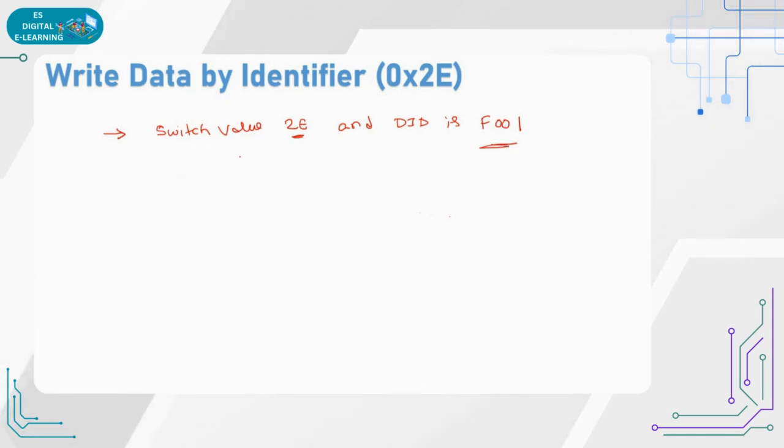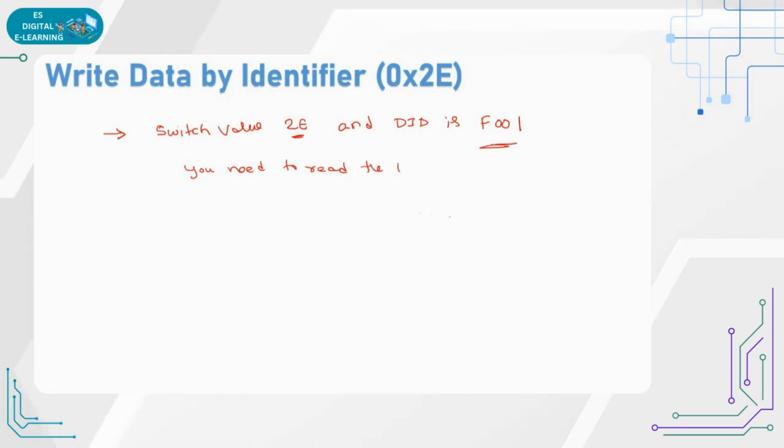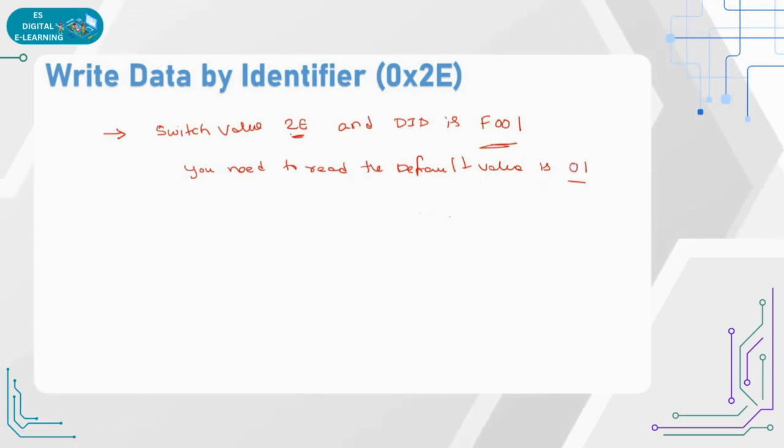The requirement says you need to read the default value. This is a requirement in real time. The default value is 01. So the service is 2E, the DID is F001, and the default value you need to read is 01.